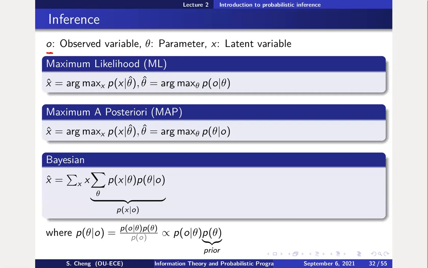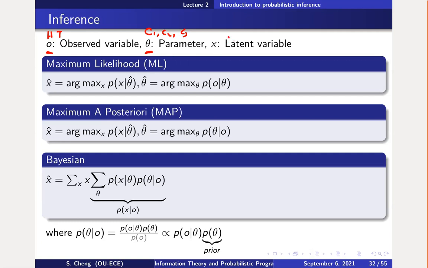You can use this observation to estimate some parameters. The parameters in that case would be C here, which coin we're picking, C1, C2, or C3. And the observation here may be heads and tails, like first toss is head, second toss is tail, and so on.